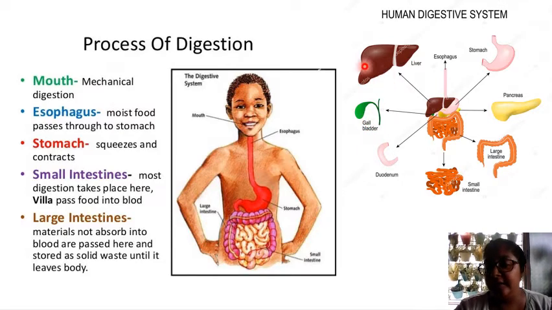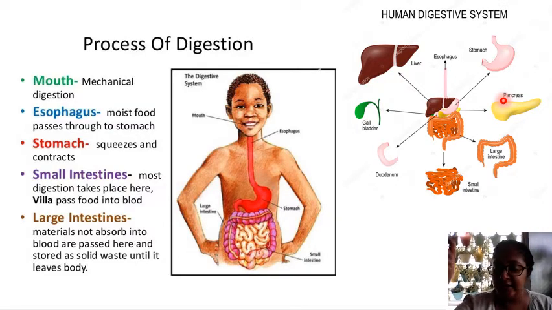Over here, the liver, the pancreas, and the salivary glands that we have are the digestive glands. And other than that, the rest of the system comes under the alimentary canal. So it's a complete single canal which is connected from the mouth to the anus of the body.